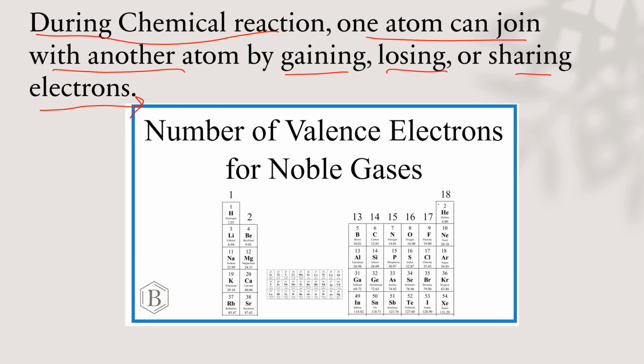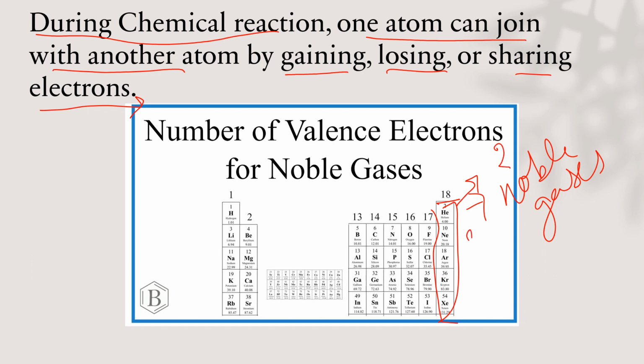Now group number 18 is the group of noble gases. Except helium, whose valence electrons are 2, all other gases have 8 valence electrons.